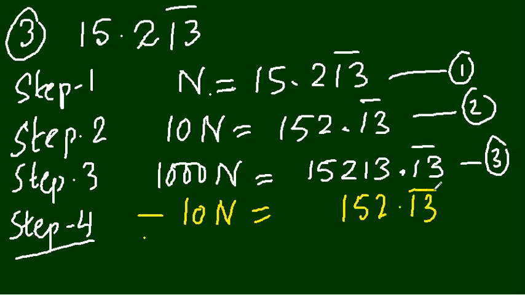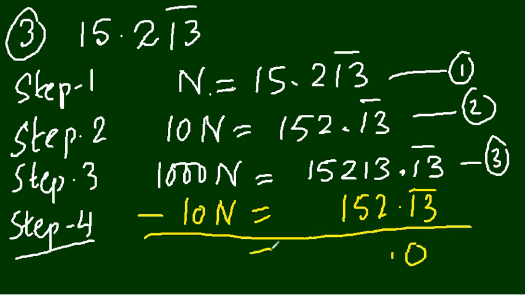Now if you see, they both have the same decimal part, so the decimal part is removed, and on the left hand side I get 990n. And here I get 3 minus 2 is 1, 11 minus 5 is 6, and 0, 5, 1.